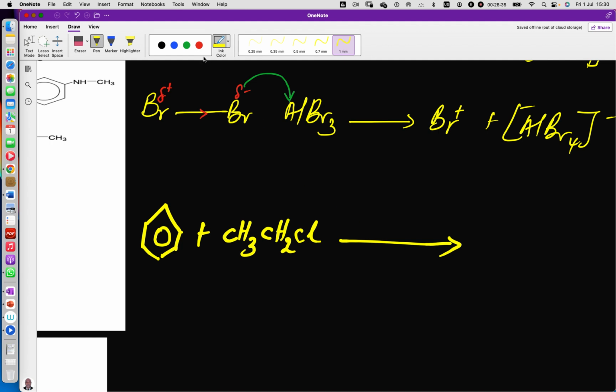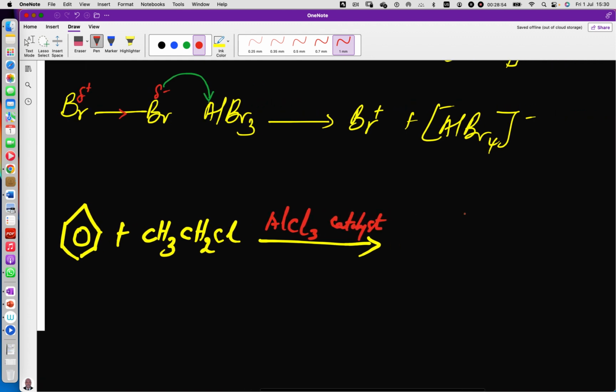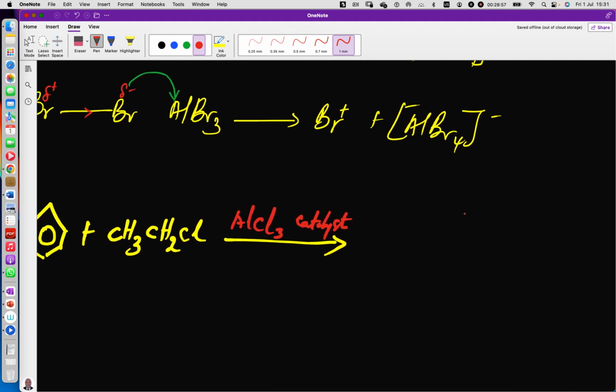So in this case, let's use aluminum chloride catalyst, and what would be our product? It's ethyl benzene.